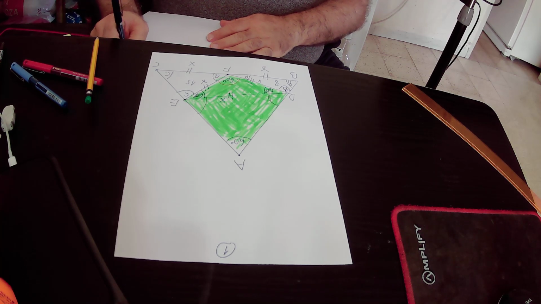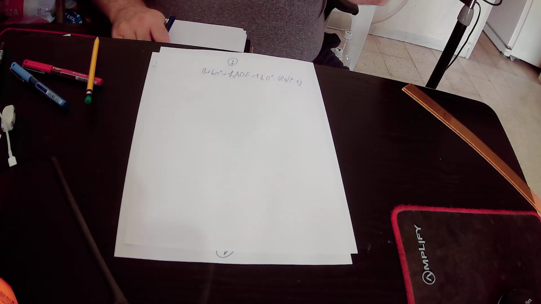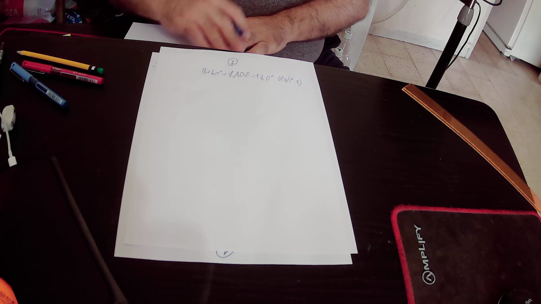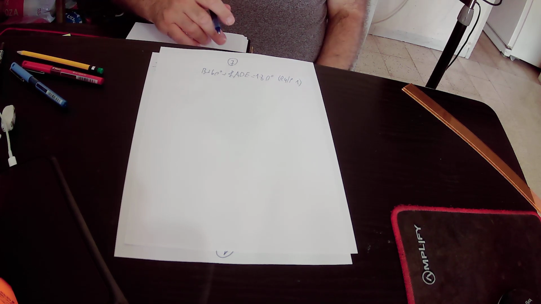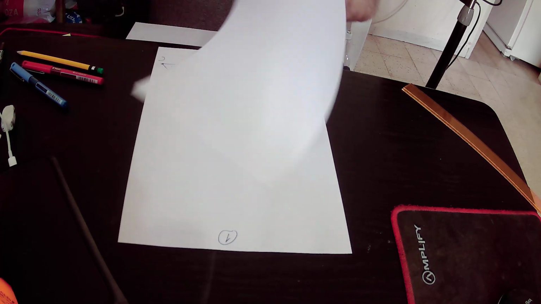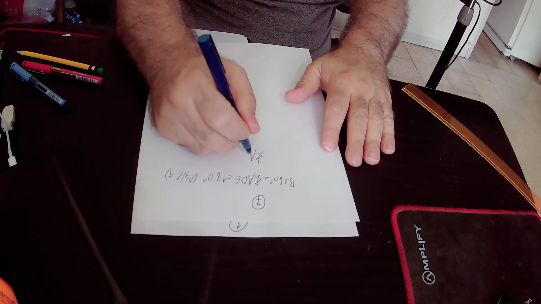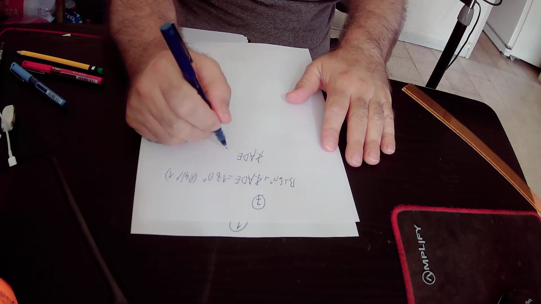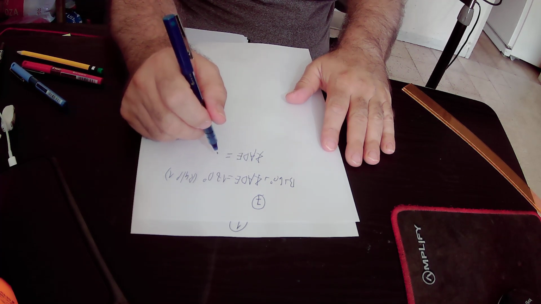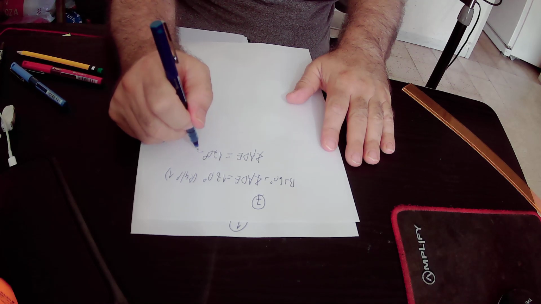Here we will subtract 60 degrees and also B from this equality, and we will get that angle ADE equals 180 degrees minus 60 degrees, which is 120 degrees, minus B.